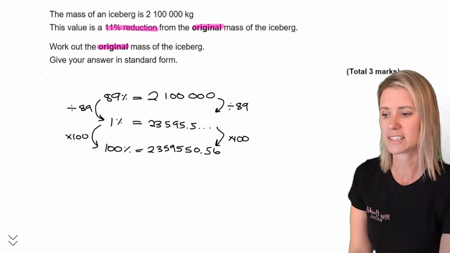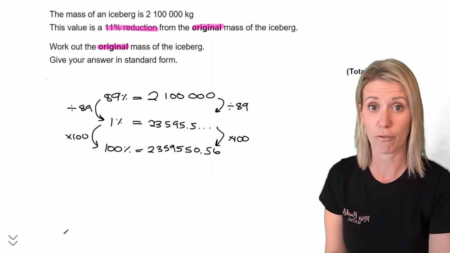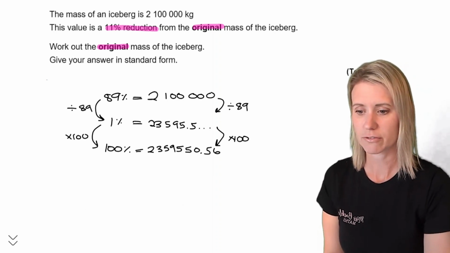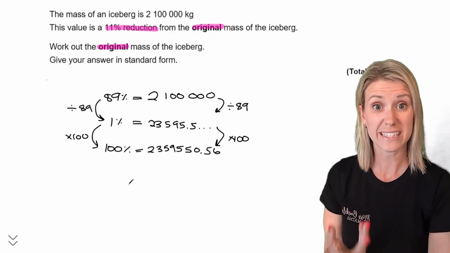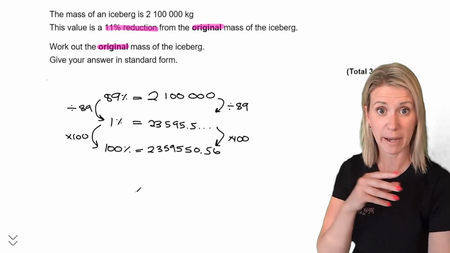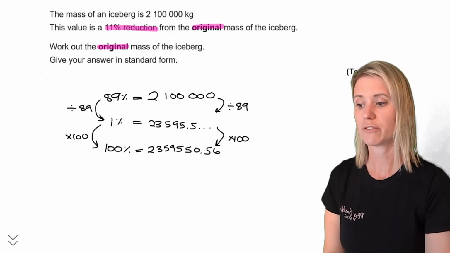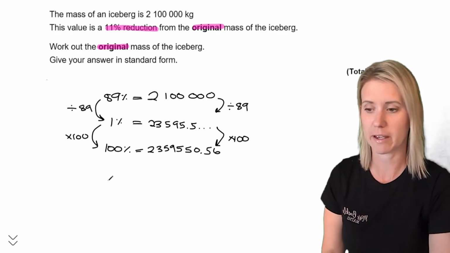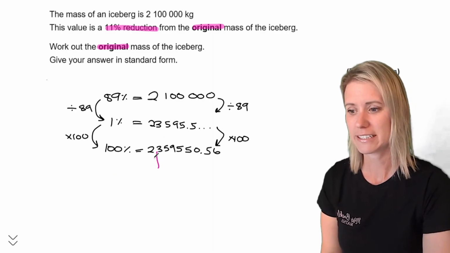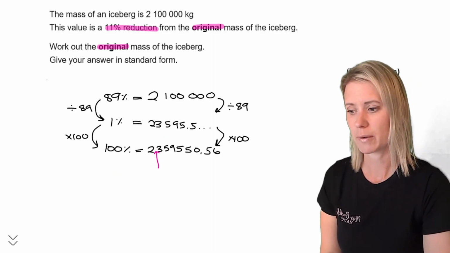Okay, this time it wants us to have our answer in standard form. Now, to put your answer in standard form, we have to put a number between 1 and 10 to start with, and then times it by 10 to the power. Please watch the video on standard form if you need this going over slowly, because it's not going to be going over particularly slowly now. So our decimal point is going to go in there to make the number between 1 and 10.